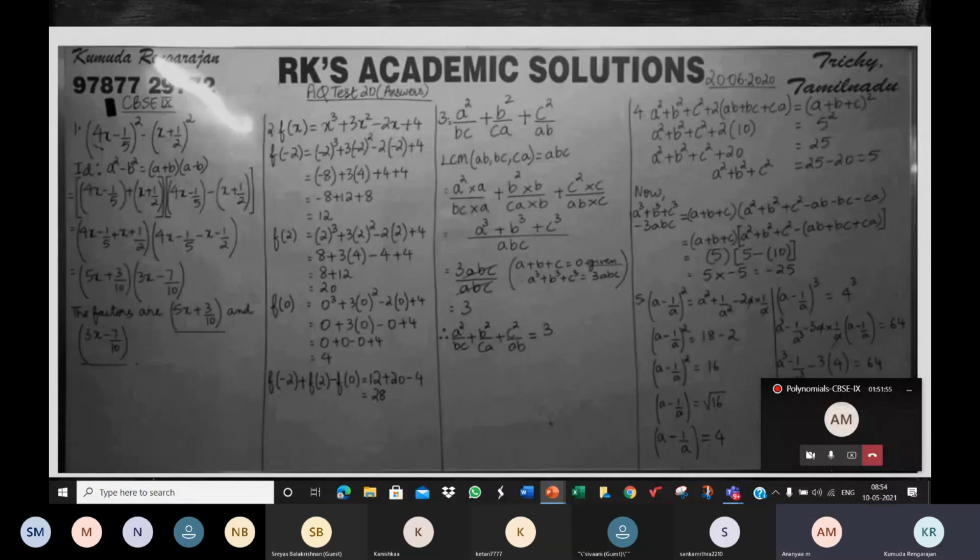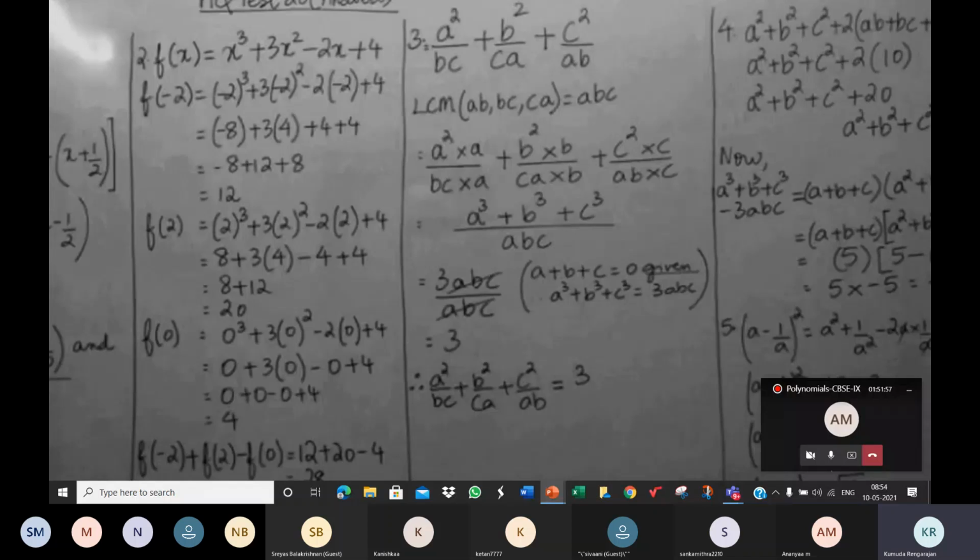All right. See the third one. Again, we discussed this. This was one of the questions in the test. So see here, the LCM of the denominators is ABC. I've shown all the steps here. And Arav, I think this will help you. So you get numerator A cube plus B cube plus C cube.